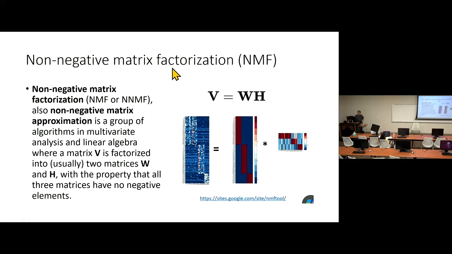This is a very important operation, especially in gene expression analysis, because we have non-negative data. Non-negative means anything positive or zero. It's very useful because our expression data is bounded from 0 to a certain level.